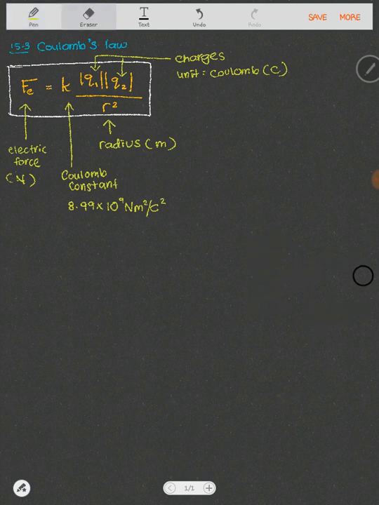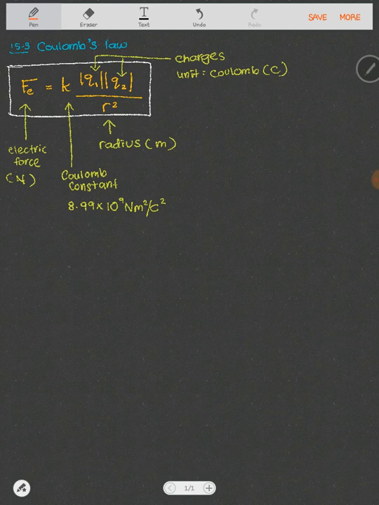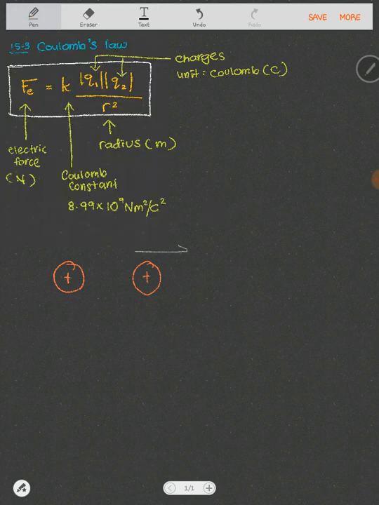Okay, so sekarang ni I repeat the diagram. Charge positive and positive. We know that it will repel each other because of the like charges, right? Berdasarkan teori yang kita dah beritahu sebelum ni.